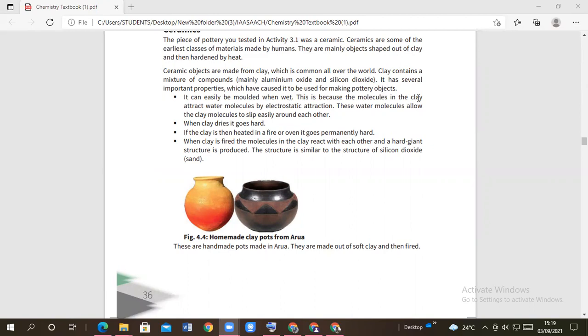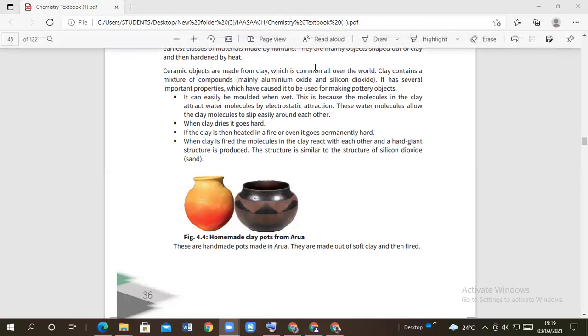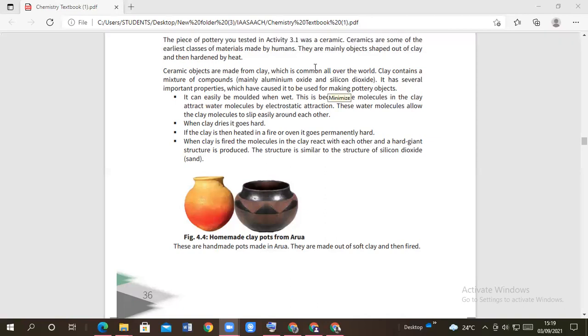This is because the molecules in clay attract water molecules by electrostatic attraction. Electrostatic attraction is like when you rub your pen and bring it to a paper, it pulls some papers around. You did those experiments in primary school.